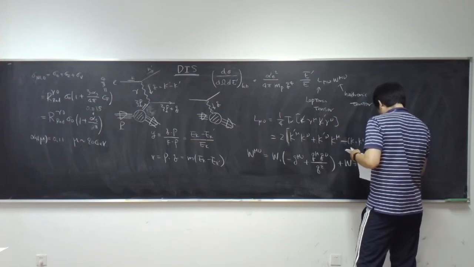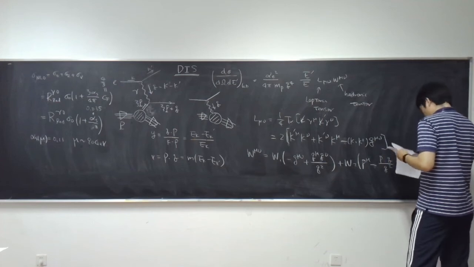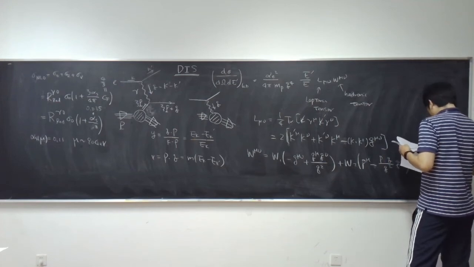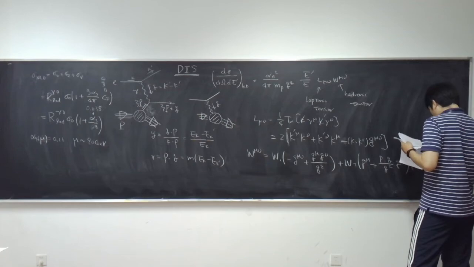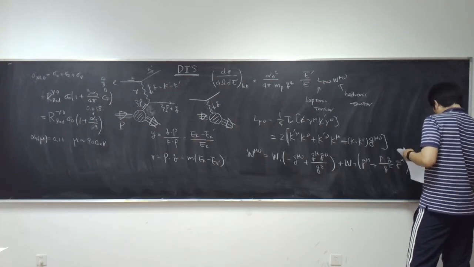This is a minus sign: P mu minus P dot Q over Q squared, Q mu. Okay.